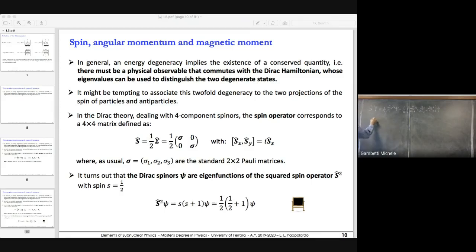To make this more explicit, this is 1/4, and then each squared operator is sigma 1, 0, 0, sigma 1 twice, plus sigma 2, 0, 0, sigma 2 twice, plus sigma 3, 0, 0, sigma 3 twice, all acting on our spinor.